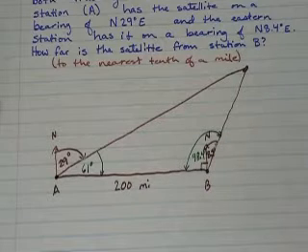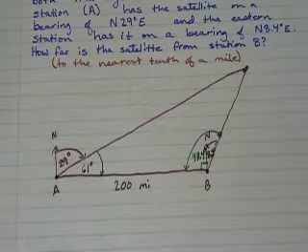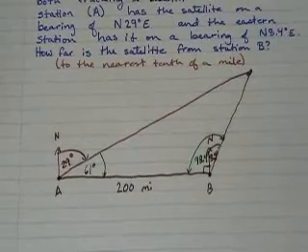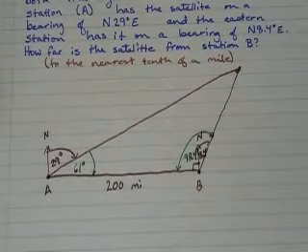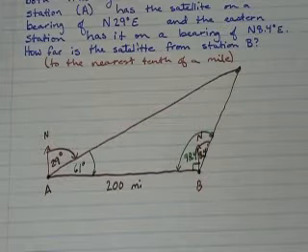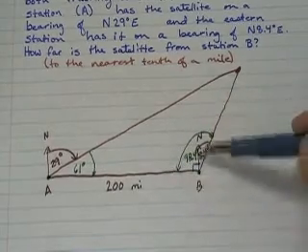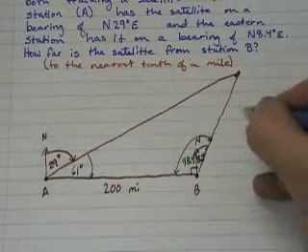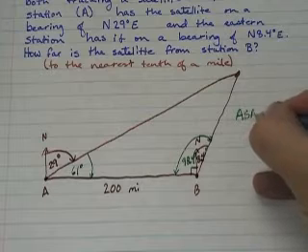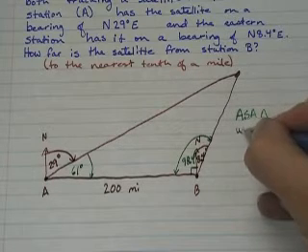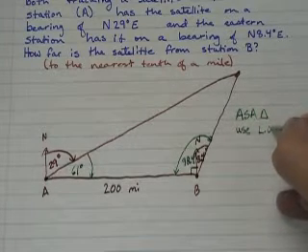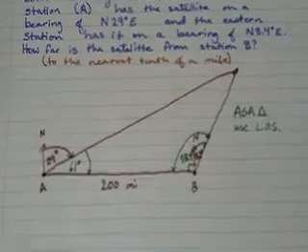Now, if that total angle is 98.4 degrees, we know it's not a right triangle. We know we have to use either the law of sines or the law of cosines. What type of triangle do we have? I see an angle, side, angle triangle. An angle, side, angle triangle uses the law of sines.